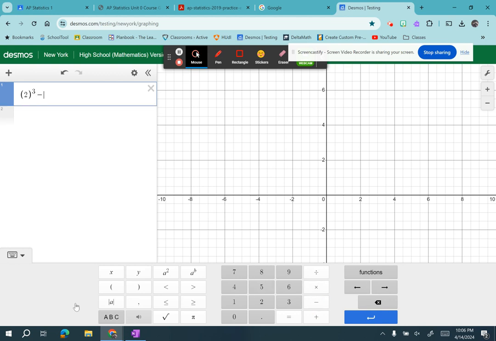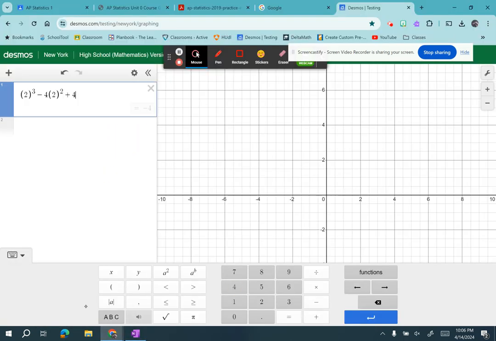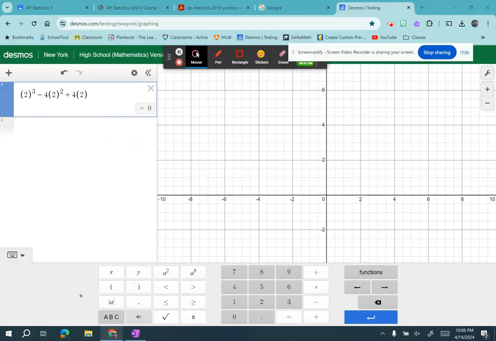So we have 4 times 2 squared. We have 4 times 2. You'll notice I'm plugging in exactly how I see it with the parentheses and everything, minus 6. So we get negative 6.